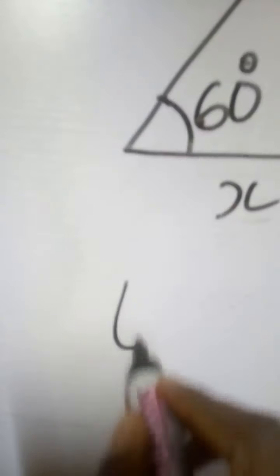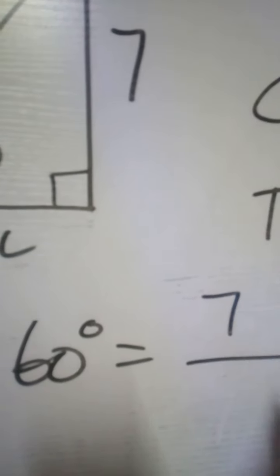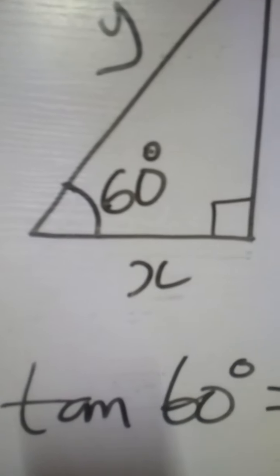That is tan theta. So I have to say tan 60 degrees equals opposite over adjacent, because tan is opposite over adjacent. Opposite is 7, all over adjacent, which is x. So when I cross multiply, I have x times tan 60, that will be x tan 60, and that is 7 times 1, I have 7.